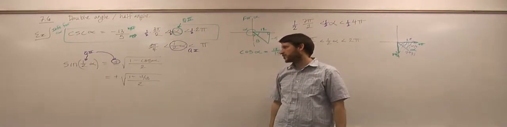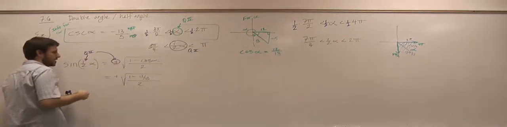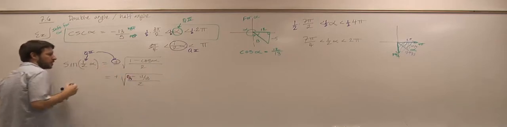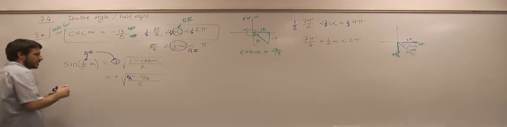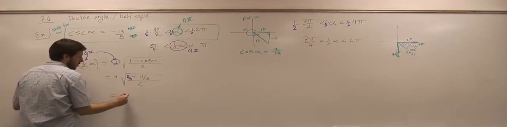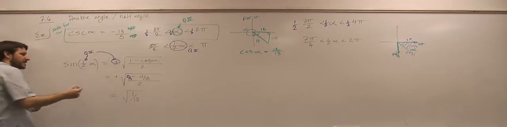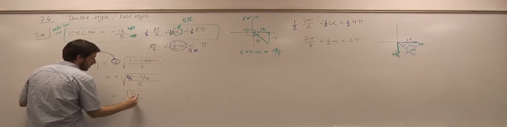Then you do some simplification. This 1 is going to become a 13 over 13. So 13 over 13 minus 12 over 13 is 1 over 13. Oh, but all of that's still over 2, huh? Make that a little smaller.